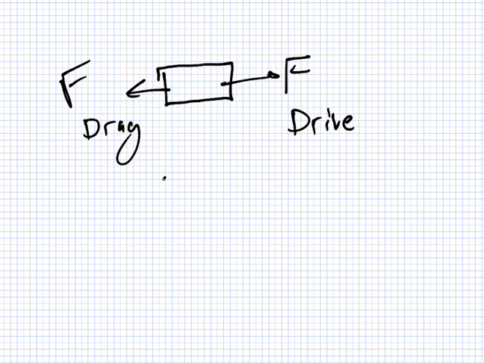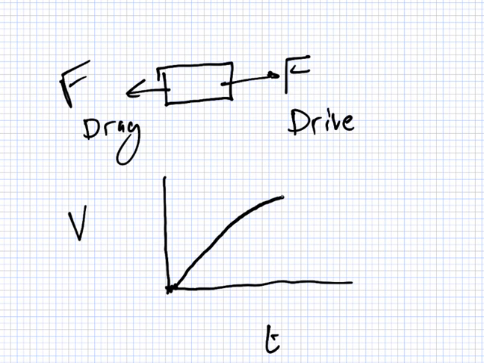If we look at the graph for the car, it's velocity and time. It starts off at rest, then it gets faster, faster, faster, but it doesn't keep getting faster. What happens? It reaches a constant speed, like we said. This constant speed has a special name.